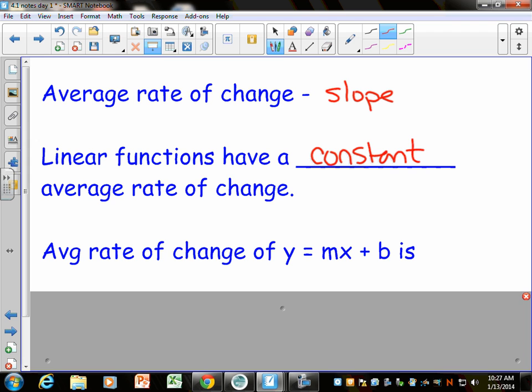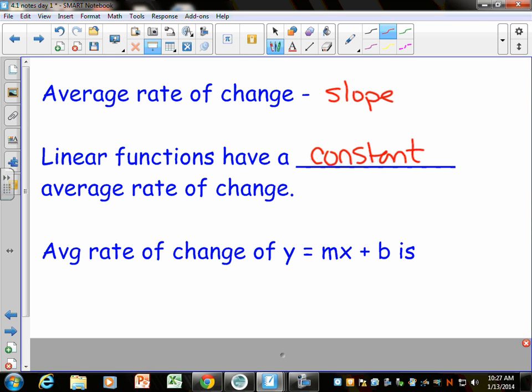So the average rate of change of y equals mx plus b is always going to be what? M, it's just the slope. If it's in slope-intercept form, you know what the slope is.